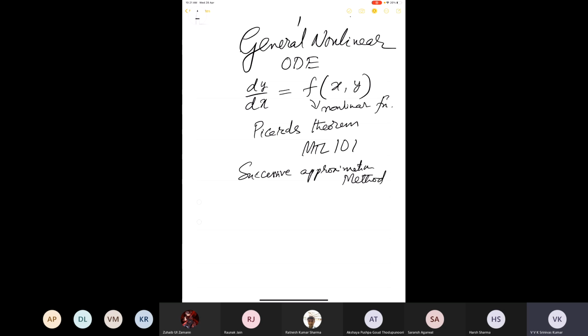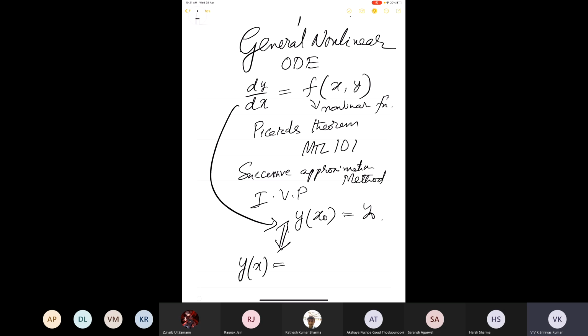We know that if we have an initial value problem like this, with an initial condition y(x naught) is y naught, this initial value problem is equivalent to solving an integral equation: y of x is equal to y naught plus the integral from x naught to x of f of t, y of t dt.